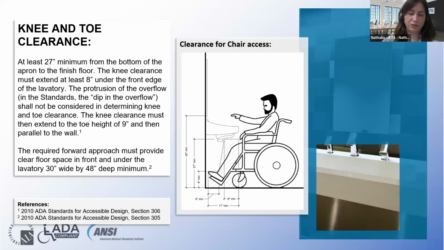The protrusion of the overflow shall not be considered when determining the knee clearance. And again, the knee clearance must extend to the toe height of 9 inches and parallel to the wall. For the forward approach, you must provide a clear floor space of 30 inches wide by 48 inches deep minimum.